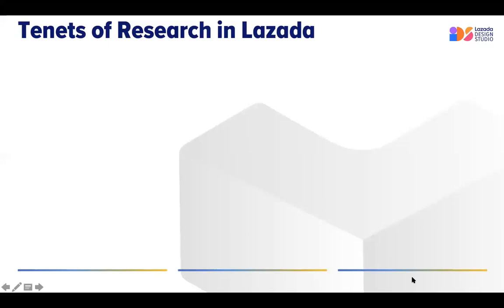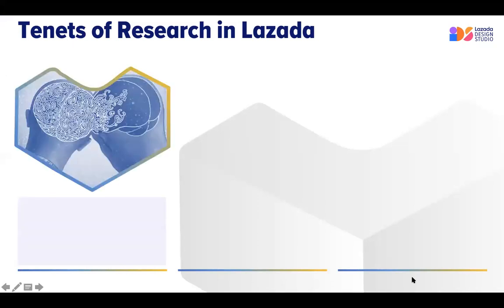So we have some tenets of research in Lazada because it's a big organization. We have a lot of different groups doing research across different countries, across different domains, across different topics. So what are the basic tenets we follow in Lazada? One is to build empathy. And how do we build empathy? We don't just talk about building empathy.